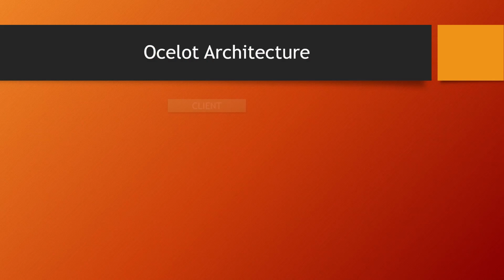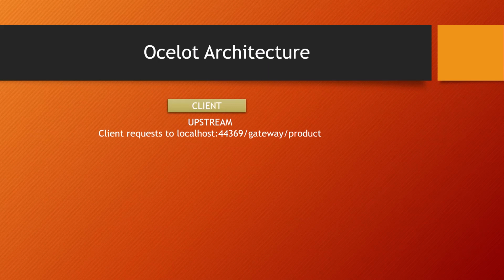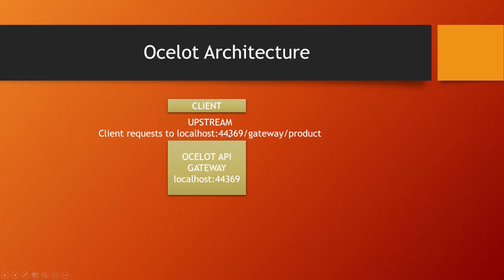And let's see the architecture. So this is a client, and it now requests localhost colon the port number slash gateway slash product, and then it comes to the Ocelot API gateway, which has this localhost 44367, and that is this port.